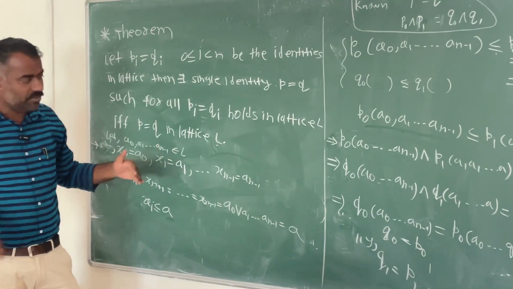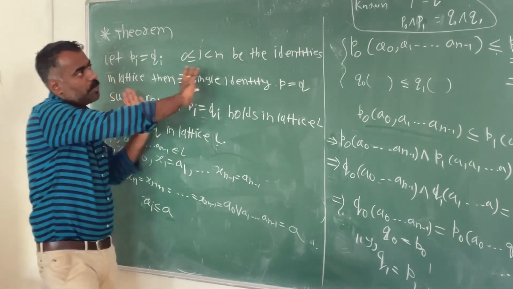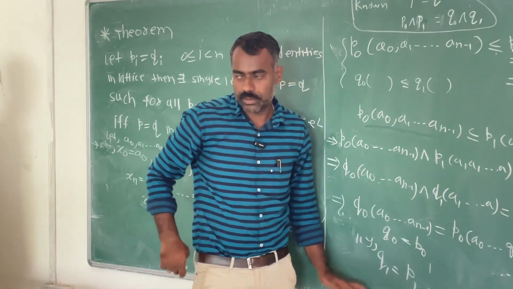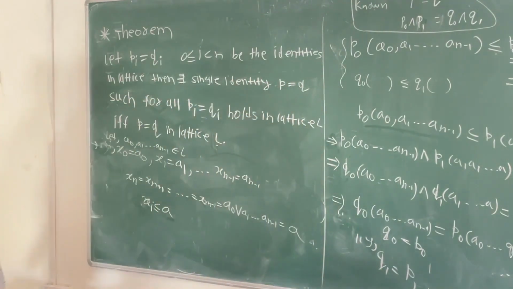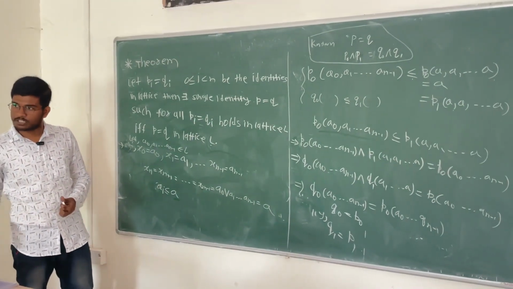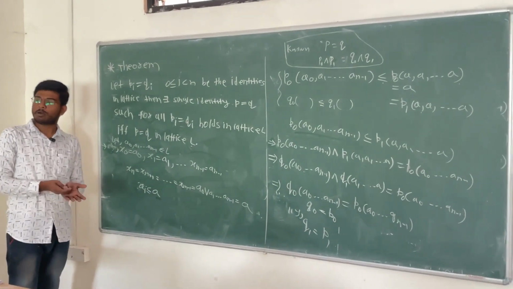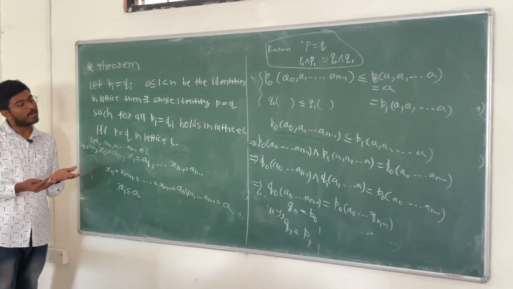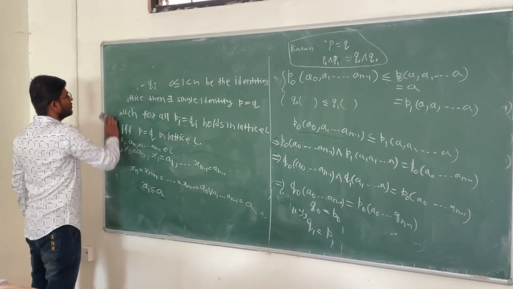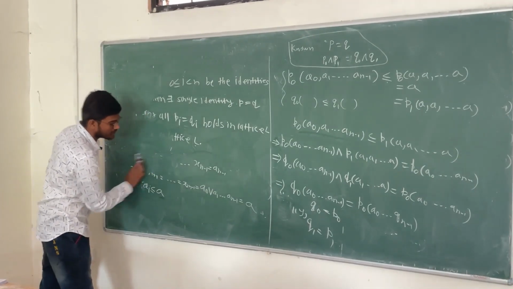Are you following? And we proved that whenever P is equal to Q, Pi's are equal to Qi's, right? So there we have proved this. There is also the next theorem, that identities are preserved under sublattice, homomorphic image and ideals. So we will prove that theorem, that identities are preserved under these.